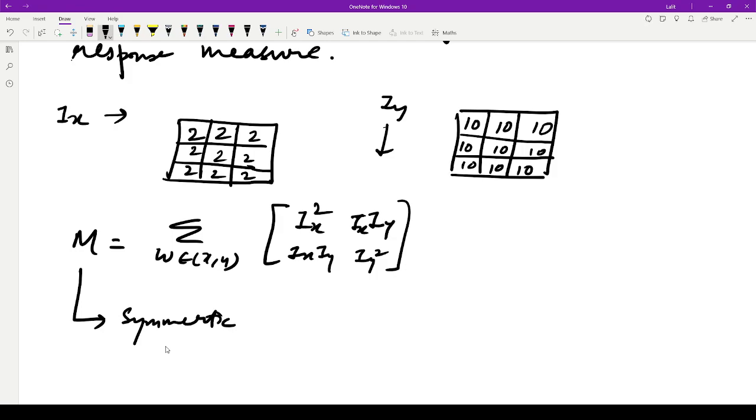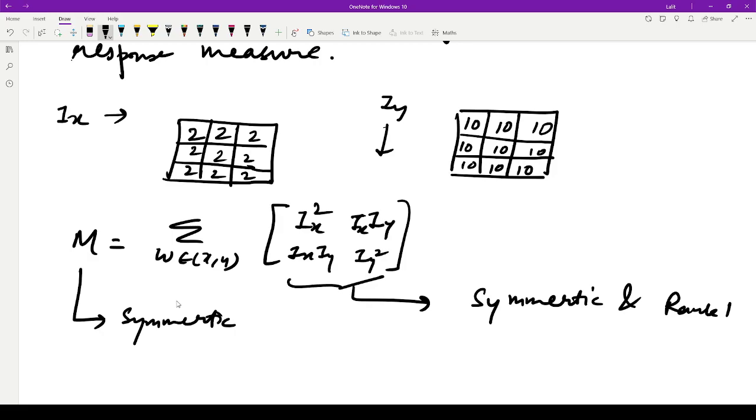Will it be singular or not? This is symmetric and rank 1. What about this? This is symmetric because the summation of symmetric matrices is a symmetric matrix. What should be the rank of M?